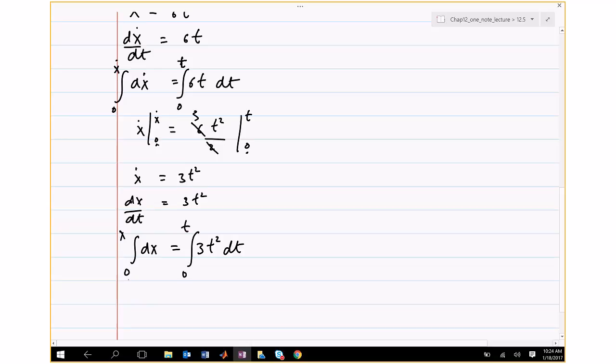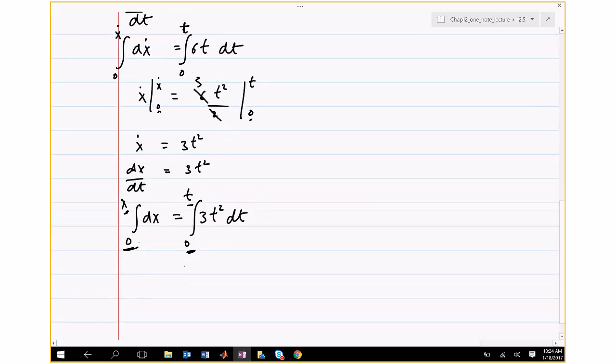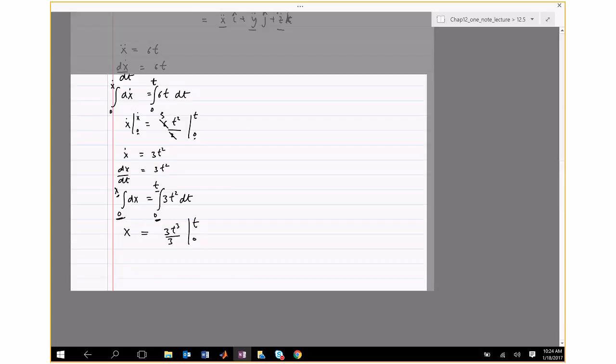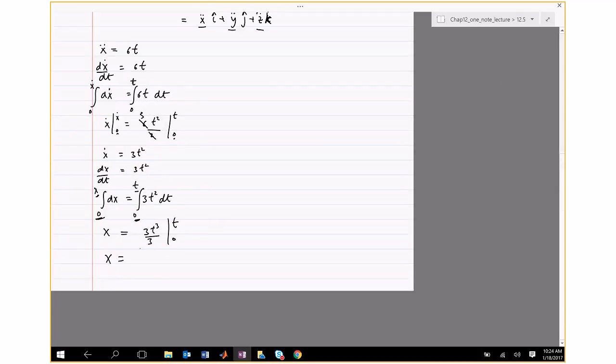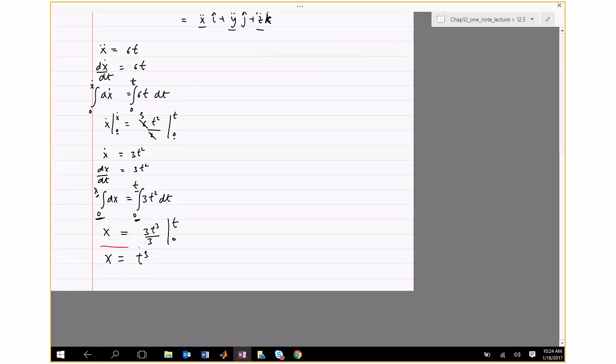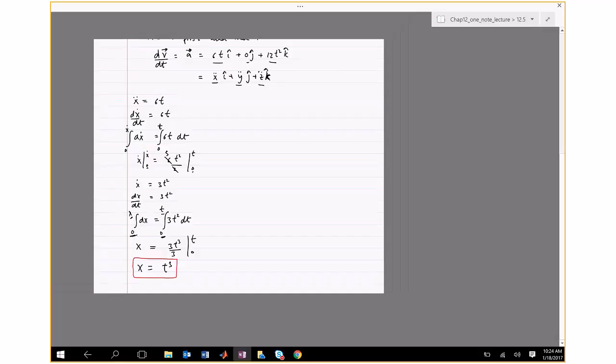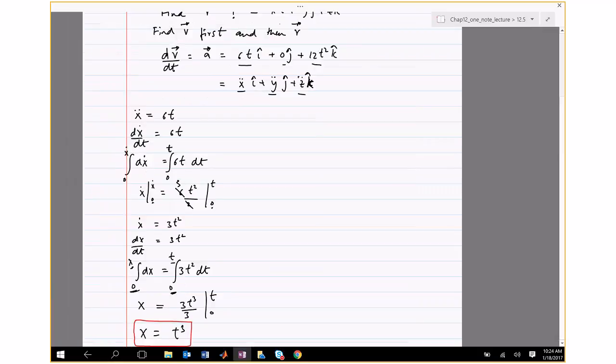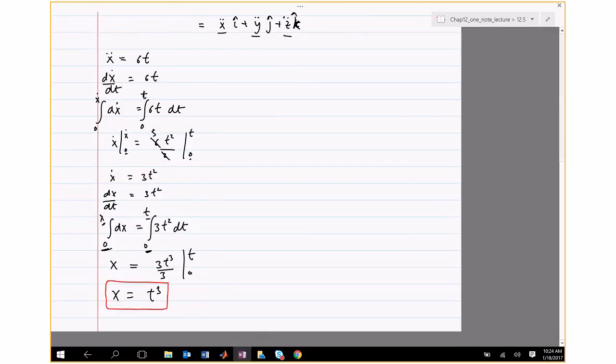At time t equals 0, the position is 0, and at time t equals t, the position is x. So this is x equals 3t cubed divided by 3, and so x equals t cubed. Okay, is that clear?